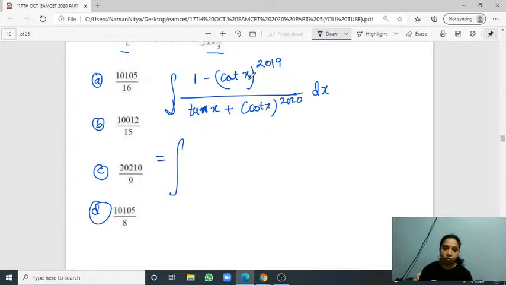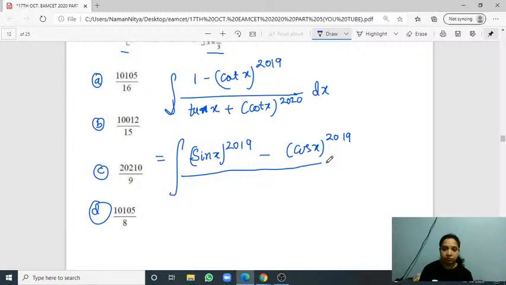So if I am writing cot x as cos x by sin x and taking the LCM also, what I will get? (sin x) whole power 2019 minus (cos x) whole power 2019 divided by (sin x) whole power 2019. This is just the numerator. Okay, and the denominator also we are supposed to do.